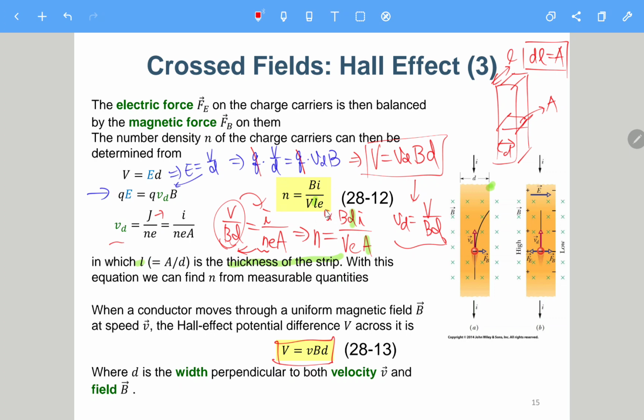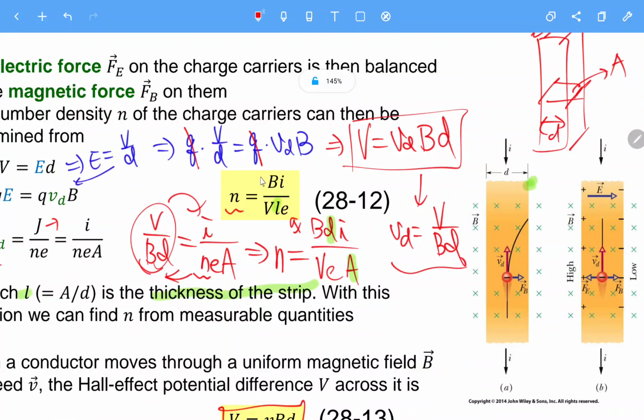So for this one, based on this Hall effect experiment, we will be able to find the carrier density because the B field is what we provide, so we know this value. I, the current, can also be measured, so we also know this value. V is the Hall effect potential difference between the left side and the right side, so we also can measure this value.